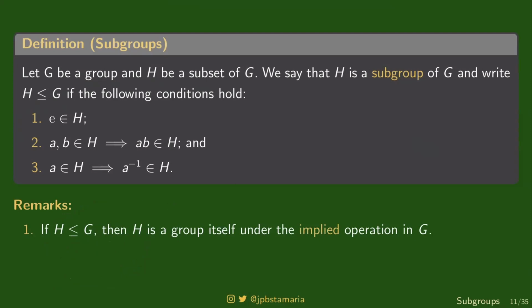It means to say that kapag itong tatlong conditions na tayo nasa-satisfy, the subset H is also a group itself under the operation of G. Kumbaga yung operation ni G, nire-restrict mo lang yung definition niya doon sa H. Why will it be a group? First of all, associative ba siya? Yes, kasi hiniram mo lang naman yung operation ng G. In the first place, G is a group, so its operation must be associative. Kaya kung hihiramin mo lang siya at gagamitin mo siya kay H, associative na yun.